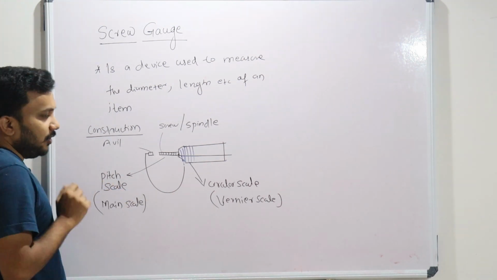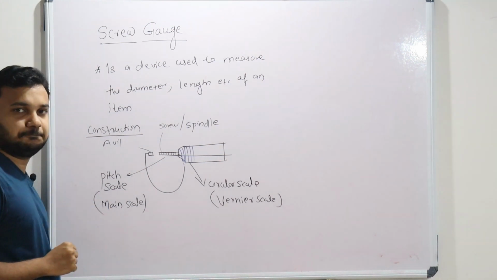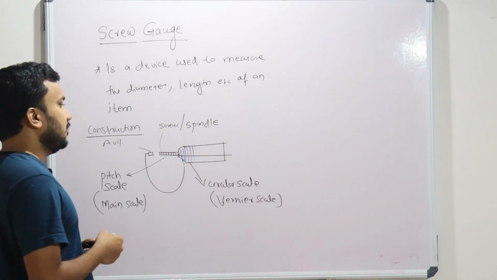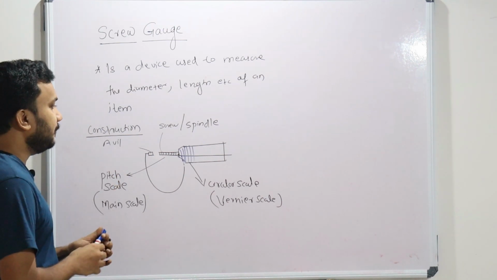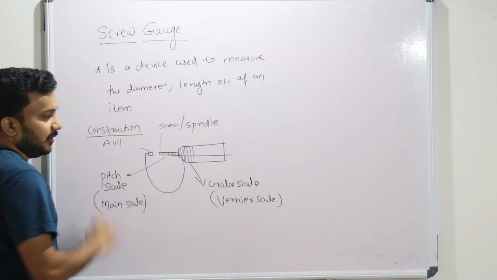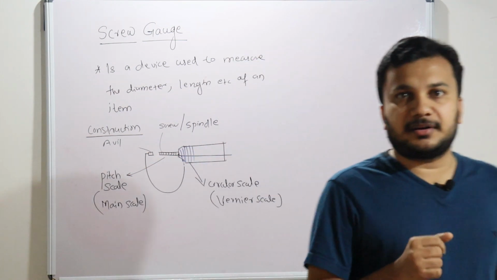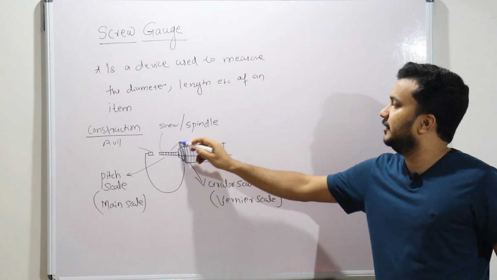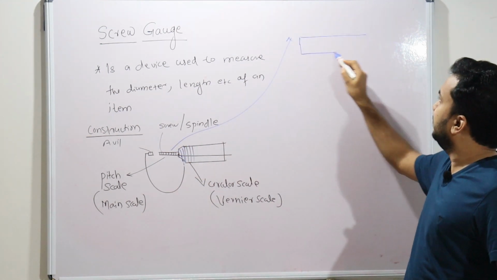Next, we want to learn about two major terms. The first term is called pitch. So what actually is meant by pitch? Listen very carefully. This area alone I am going to draw here, just to have better clarity. Let me make it a little bigger.